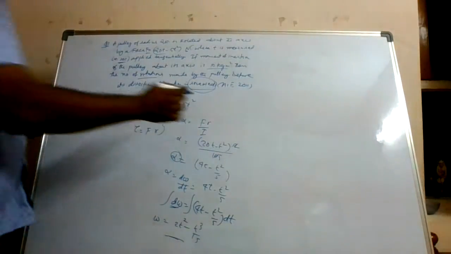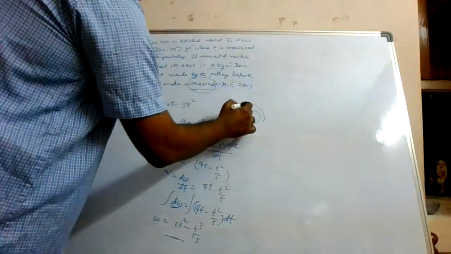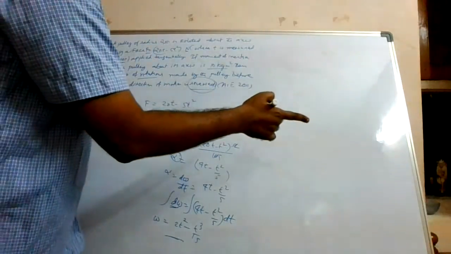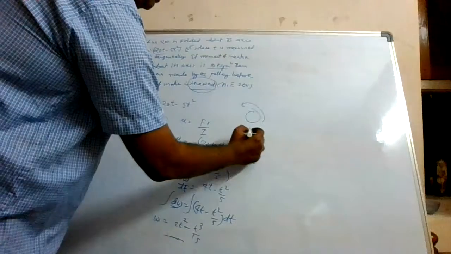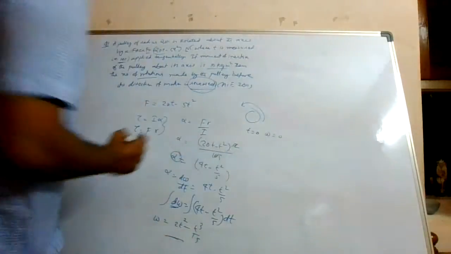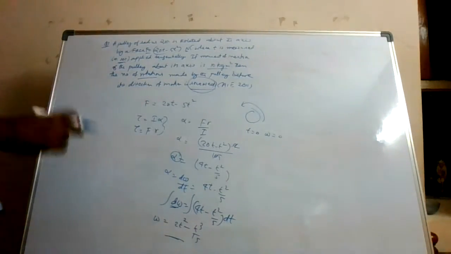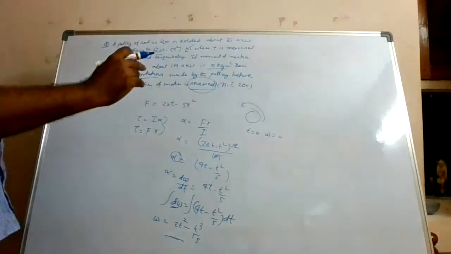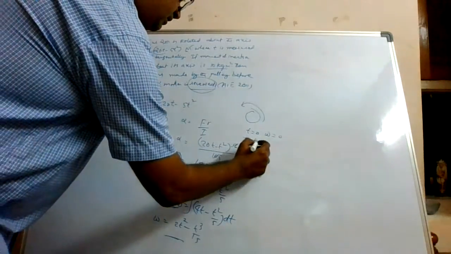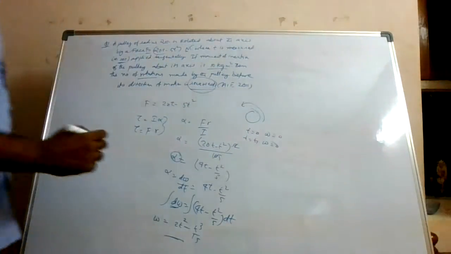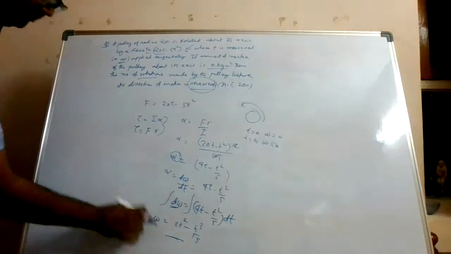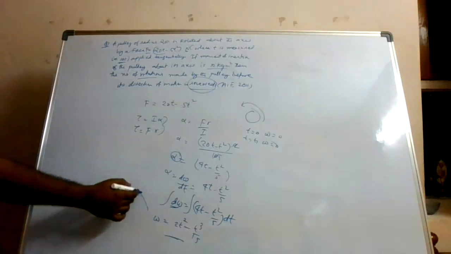So while discussing, I told you that initially it was going with some omega. The omega value has to become 0. See, at time t equal to 0, omega was already 0, because any pulley will start from rest only. So we have to find the other time, at time t equal to t1, when omega again becomes 0. That you need to see here. So put omega equal to 0 here.